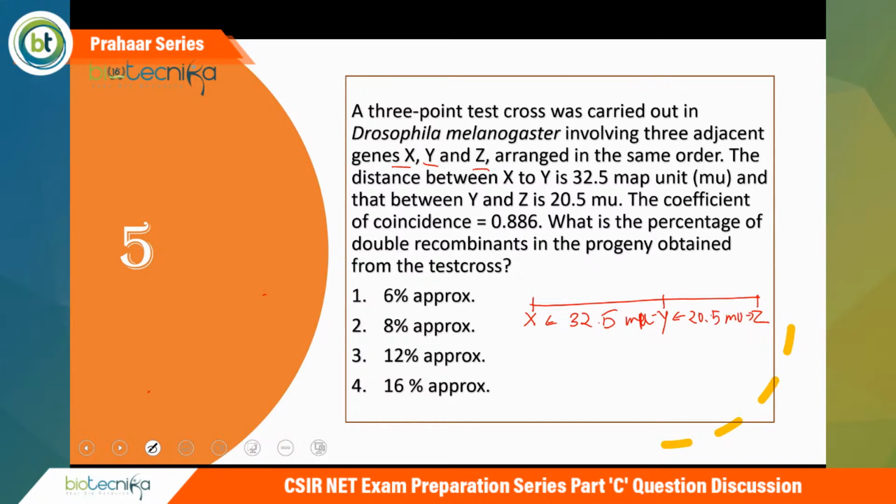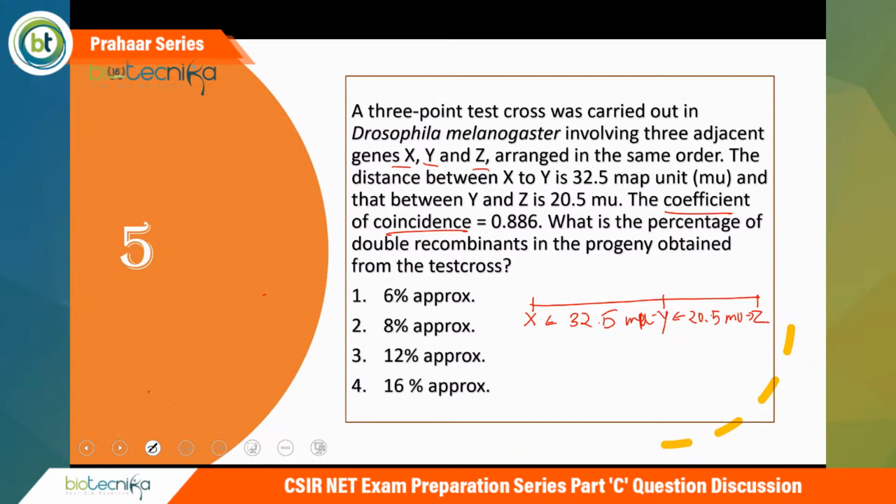Now there is something given as the coefficient of coincidence. What is the coefficient of coincidence? When we are expecting double crossovers to happen, we are expecting that the crossovers are independent of each other. But actually they will not be independent, and there will be some kind of interference. One crossover will interfere with the second crossover occurring on the same DNA molecule.